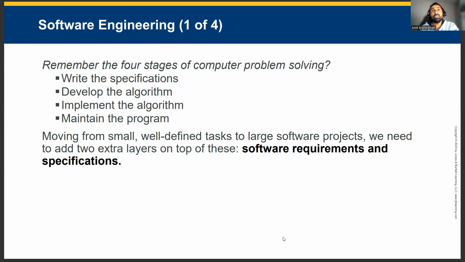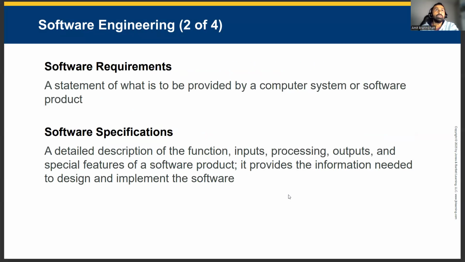So, the four stages of problem solving are writing the specifications, developing the algorithm, implementing the algorithm, and maintaining the program. Moving from small, well-defined tasks to large software projects, we need two extra layers on top of this: software requirements and specification, as we just discussed.